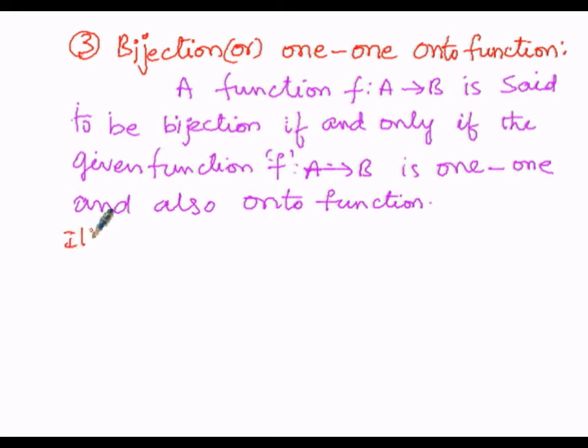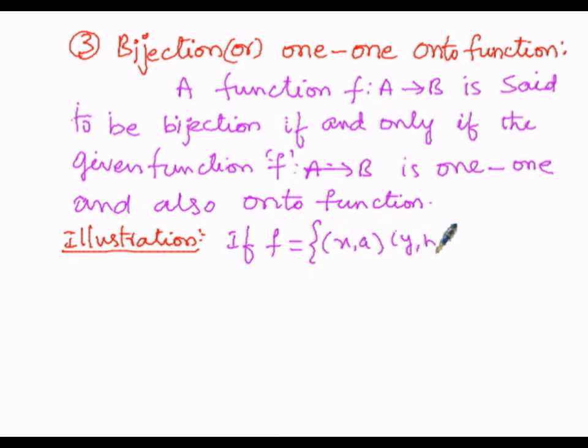The illustration is: if function f equals the set consisting of the ordered pairs x comma a, y comma b, z comma c. So here there are three ordered pairs in this relation: the first is x comma a, the second is y comma b, and the third is z comma c.